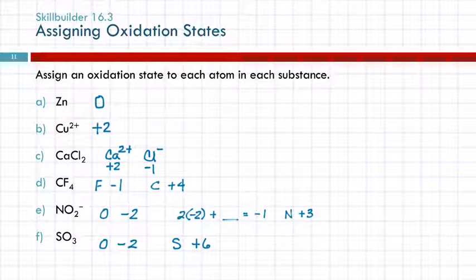We have 3 oxygens, so each of them has an oxidation state of -2. Times 3, that's a total of -6. And all of the oxidation states have to add up to 0 because the charge on this thing is 0. It doesn't have a charge overall. Any questions?